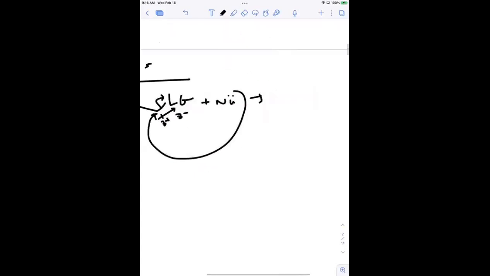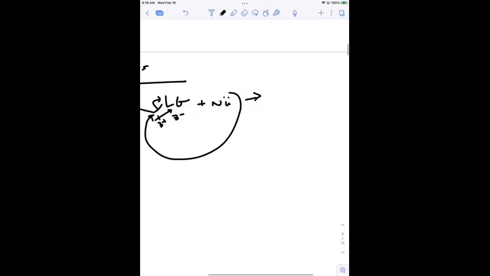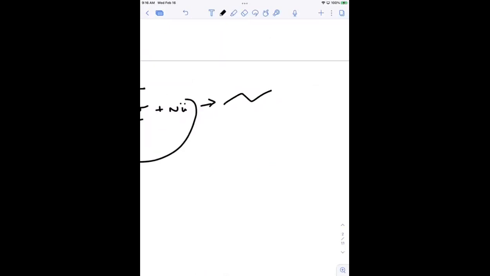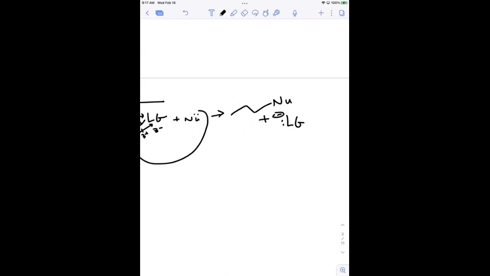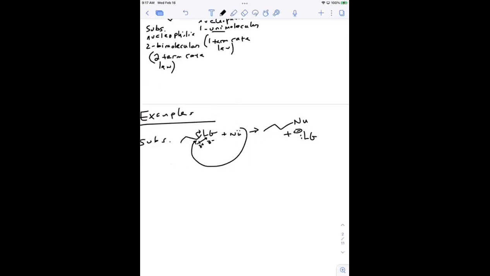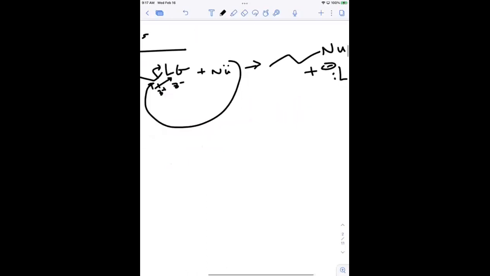So the overall reaction will look something like this. And I'm going to put the electrons on the leaving group like that. All right. Now, what happened? Let's just go through what happened here. First of all, we had nucleophilic attack, and this is common to both SN2 and SN1.